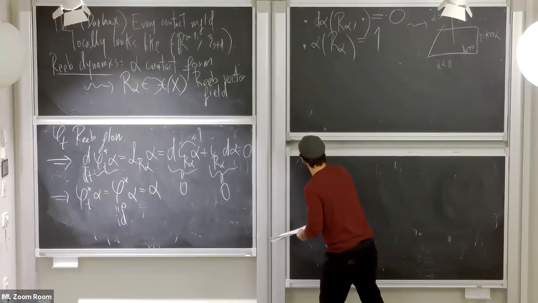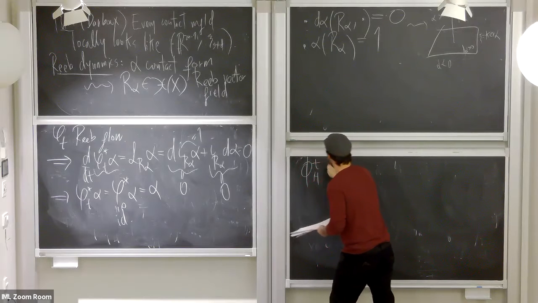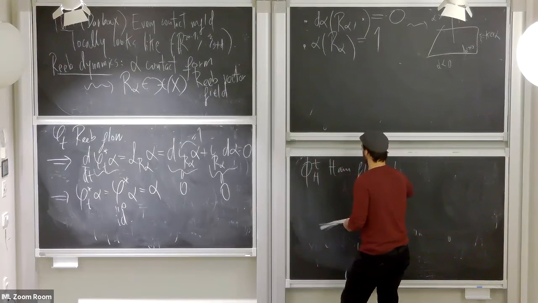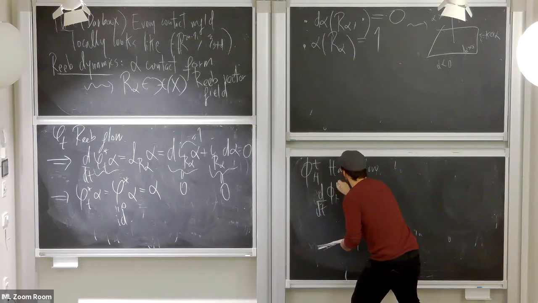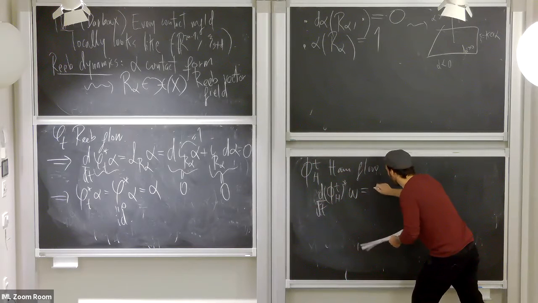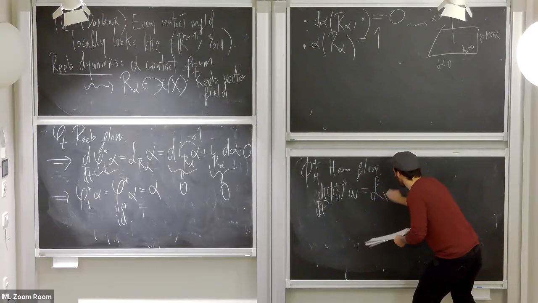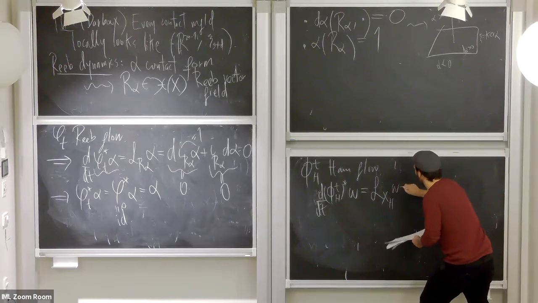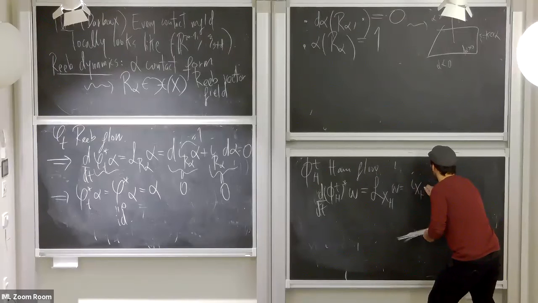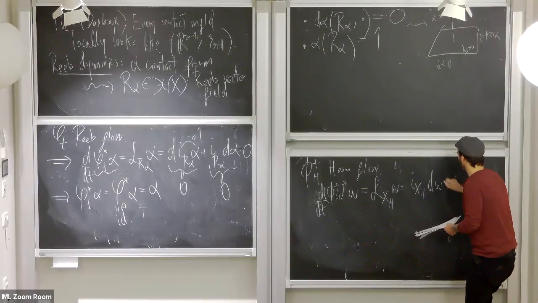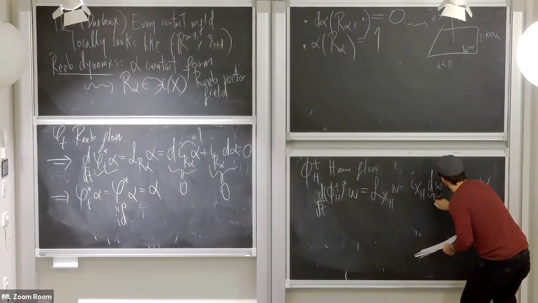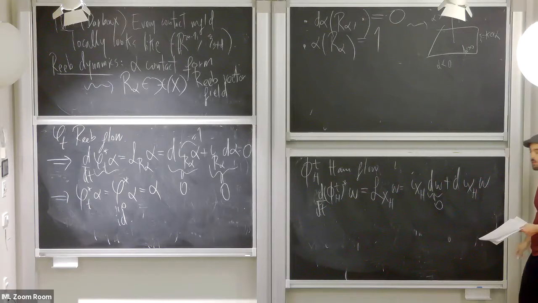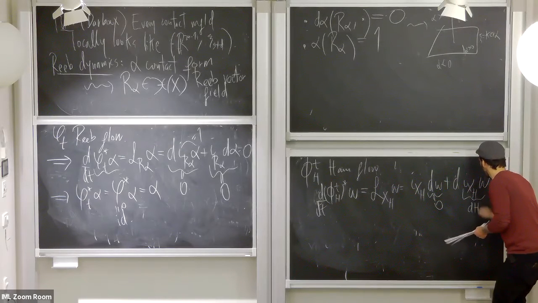If we look at the Hamiltonian flow of a Hamiltonian H, and we look at the derivative of the pullback under this flow of the symplectic form omega, this is by the Cartan formula the Lie derivative with respect to the Hamiltonian vector field of omega, which is d of the contraction of omega, plus the contraction of d omega. The d omega term is 0, since by definition omega is closed, and the contraction is the differential of H by the definition of the Hamiltonian flow.